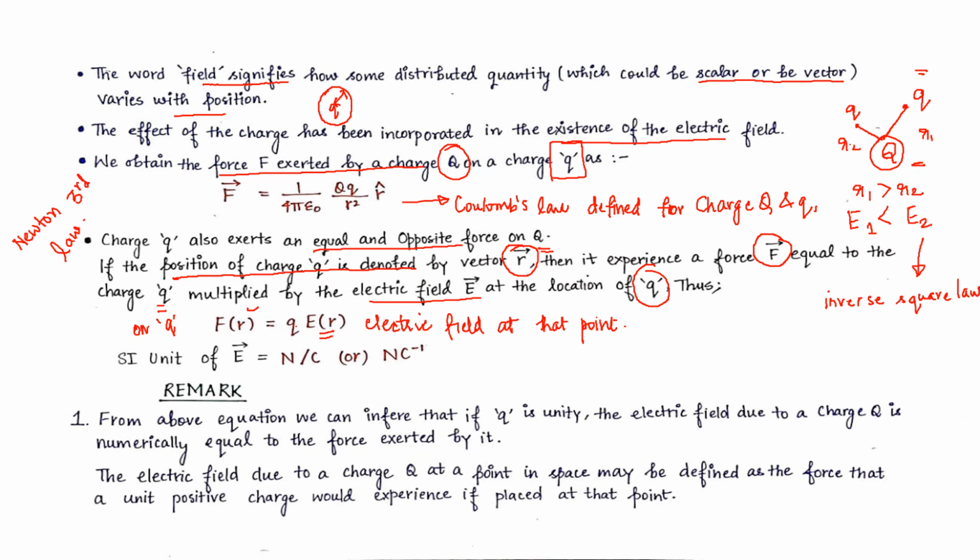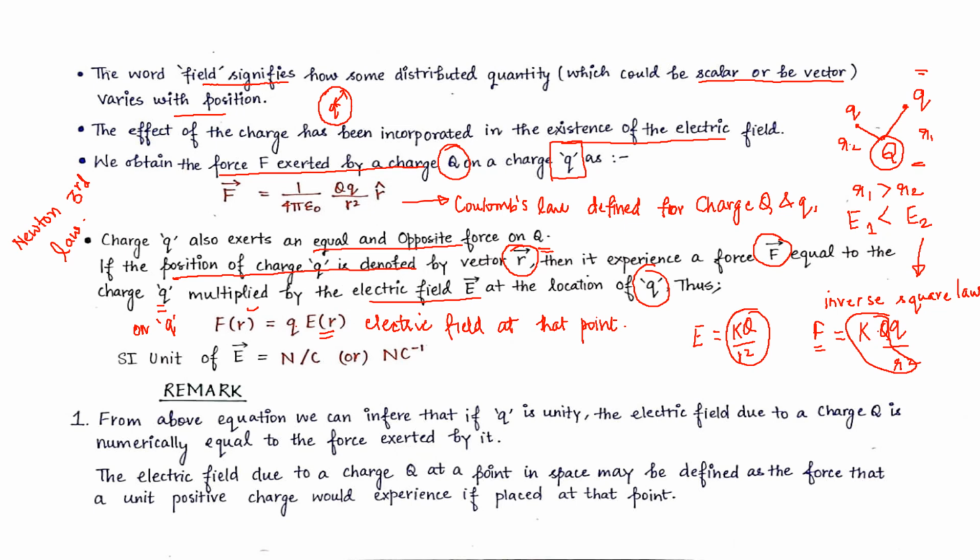Now, understanding it more properly, what we have read for electric field, the formula is given as E equals capital Q upon R square. What is the formula for force? It is K into capital Q into small q upon R square. Now, what is the difference between this and this? Only the small q. So this is force.